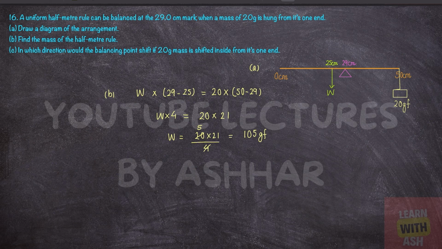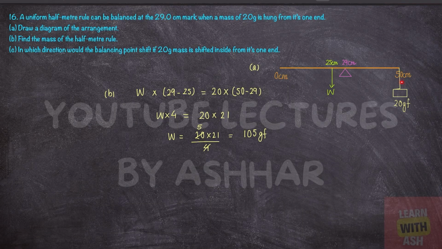Now after that, they have asked us in which direction would the balancing point shift if 20 gram mass is shifted inside from its one end. It means that they are shifting this 20 gram force in the inside manner.